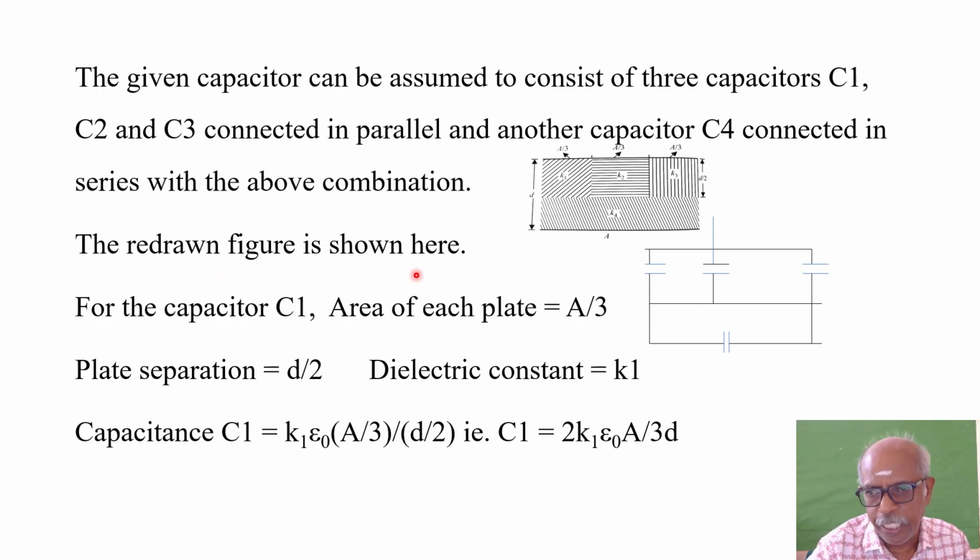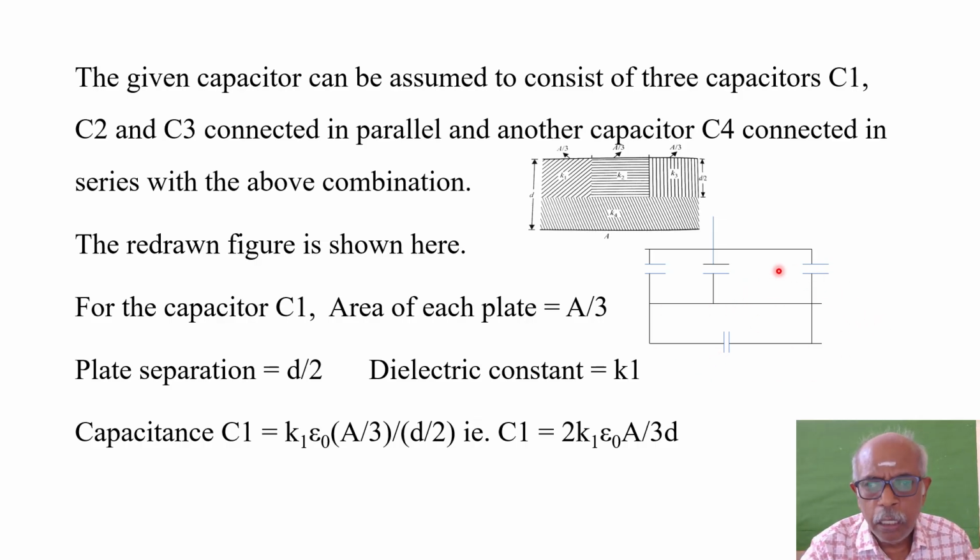This is C1, this is C2 and this is C3, and at the bottom you have C4. C1, C2, C3 are connected in parallel, isn't it? And C4 is connected in series with the above combination. This will have an equivalent capacitance, and this one and this one are connected in series, so this is a series connection.